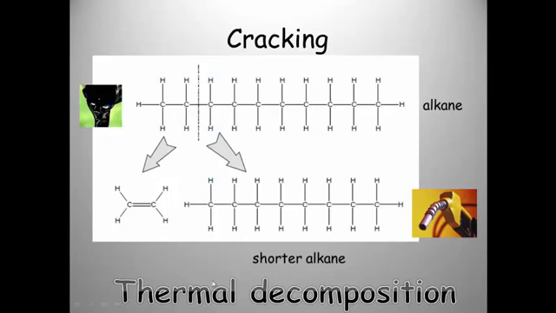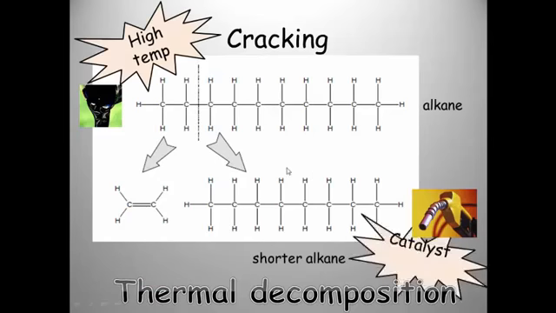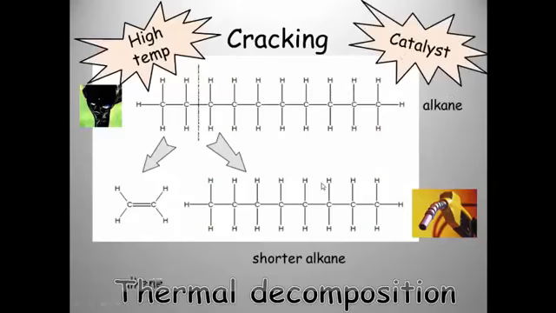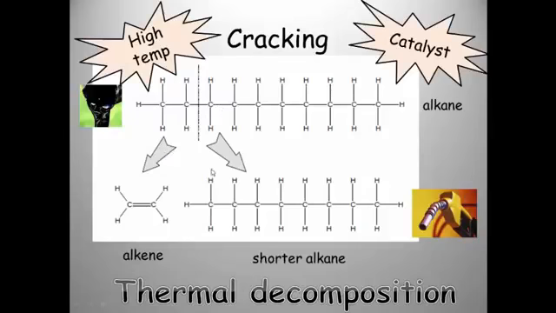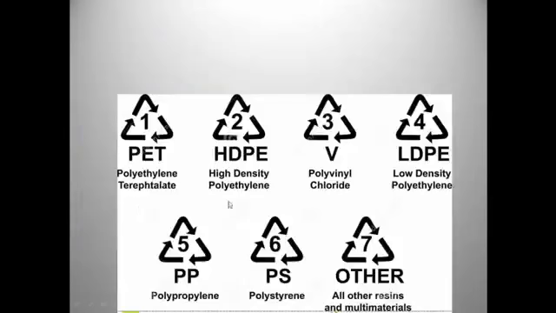Now, this is a kind of thermal decomposition because it's heated up to break it down, which involved a high temperature and a catalyst. What we're concerned with now is the opposite of that. We're concerned with making plastics, which is about taking these shorter chains and joining them together, making longer chains. So we're concerned with something called polymers.